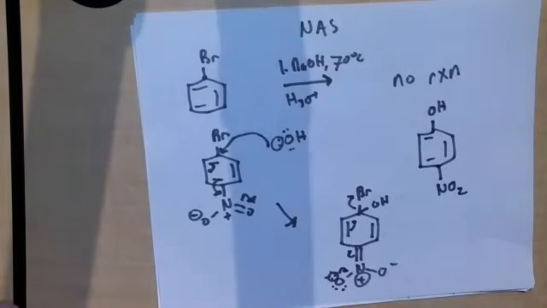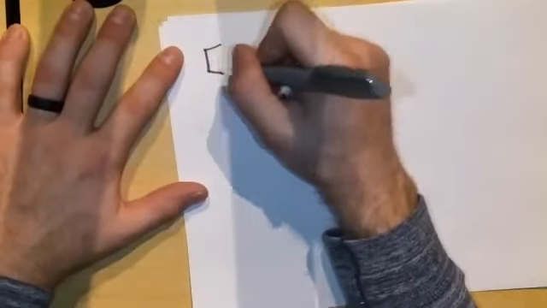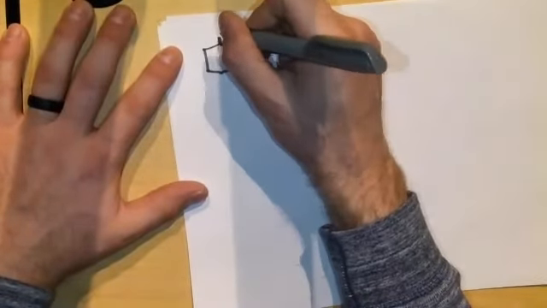All right, so that's NAS. I kind of draw a couple of different examples of it. When it works, when it doesn't. With a nitro in the para position, it works fine.